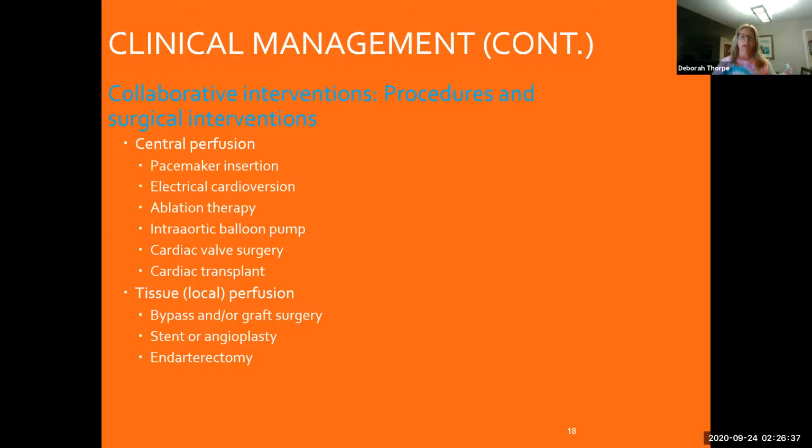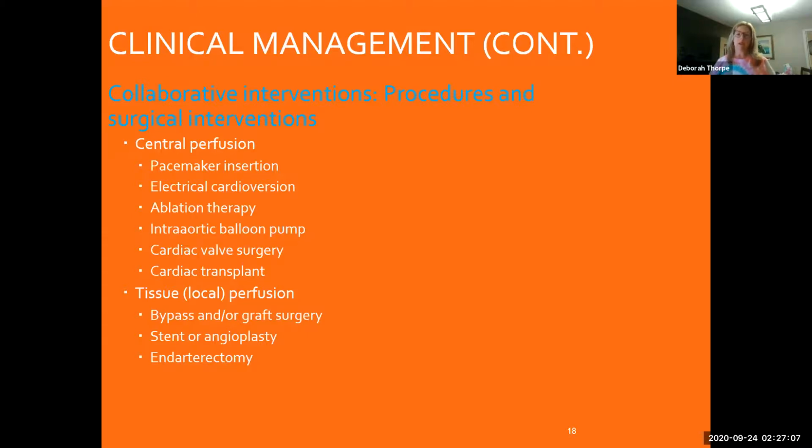Usually this person is in end-stage heart failure. Peripheral artery revascularization can use a vein or a synthetic graft to bypass the lesion in the artery that's impairing the perfusion in that area.